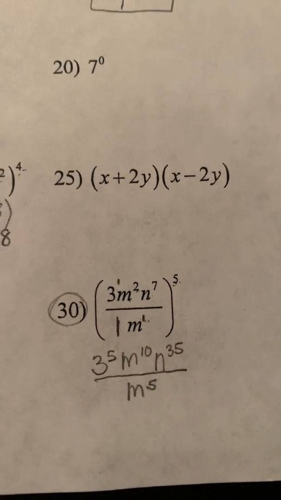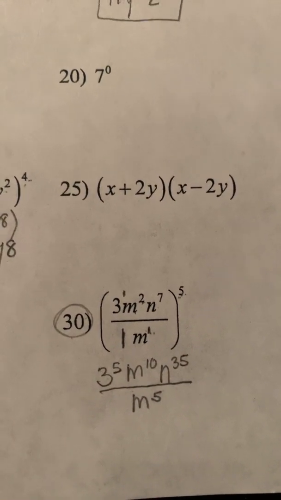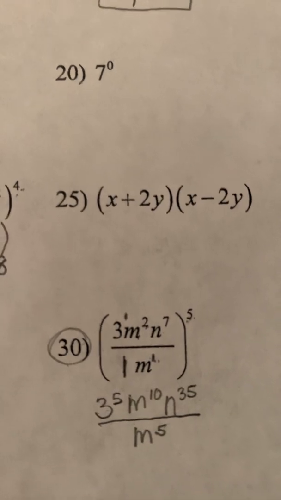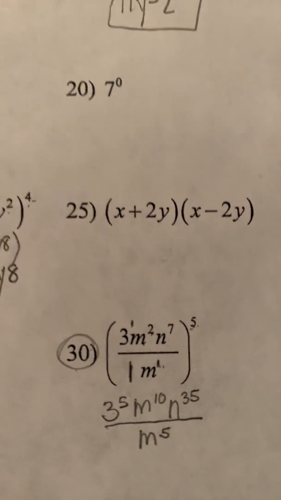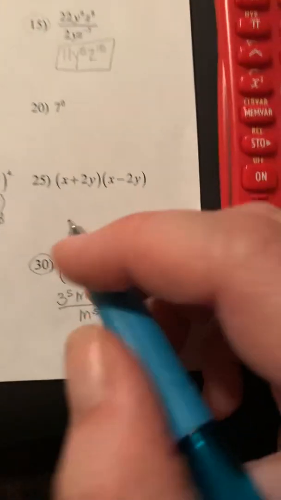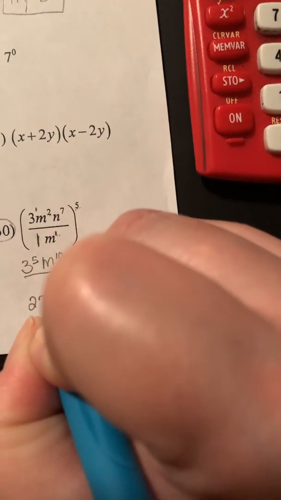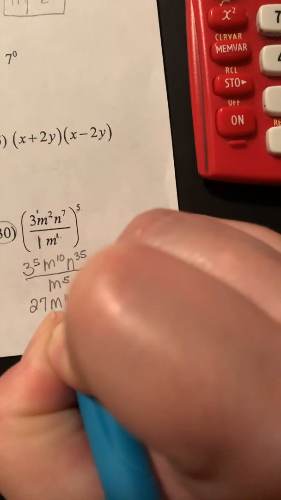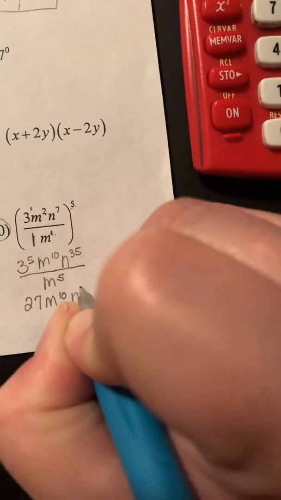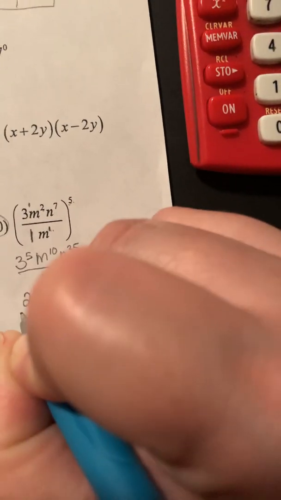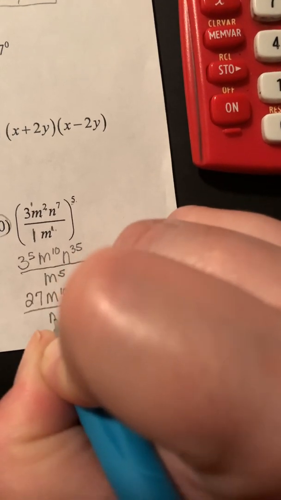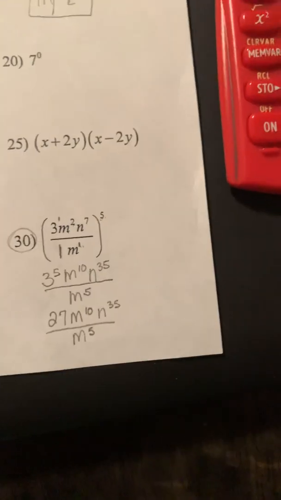Okay, raise this 3 to the 5th power. So 3 times 3 times 3 times 3 times 3, 243. Actually, we've got 27 m to the 10th, n to the 35th, all over m to the 5th.